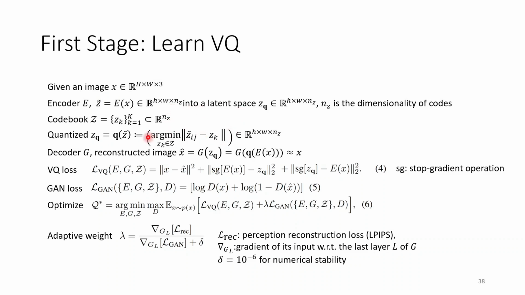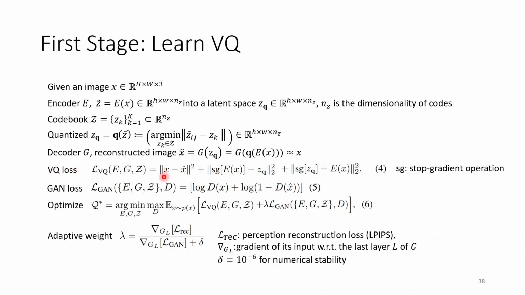So here is a non-differentiable step, and then they reconstruct the image from the latent space through a decoder to get a reconstructed image, and then they define their loss. The first one is the vector quantization loss.